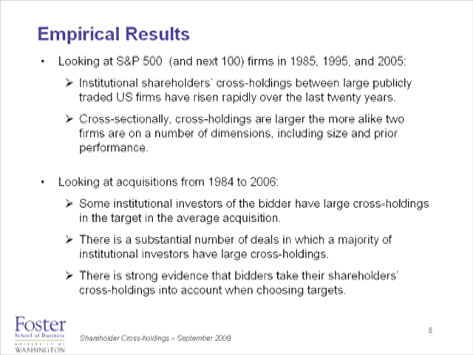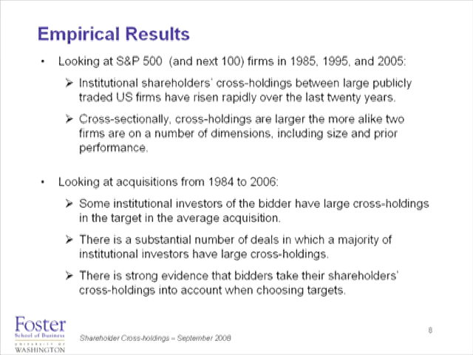And then we're going to shift gears a little bit and look at an acquisition sample and see, first of all, how big are the cross holdings relative to the rest of the sample? And second, do the cross holdings appear to matter in the sense that they affect any part of the overall acquisition deal?